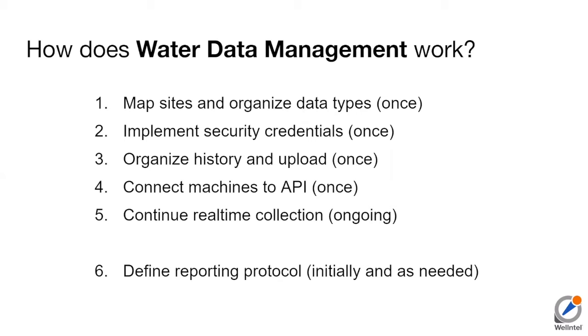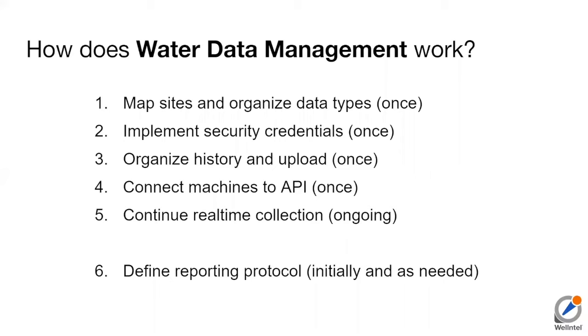Once we've agreed on sites and data types, then we implement security credentials, which means the person doing the uploading, if it's manual, is known to be that person, or the machine doing the API pushes to our system is known to us, so that we know that we're getting from a trusted source and the information is reliable.